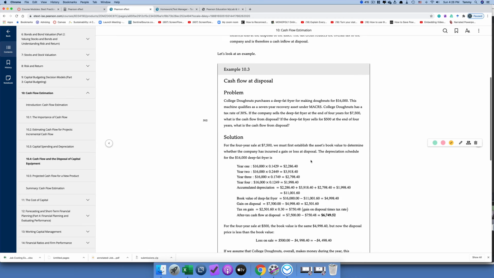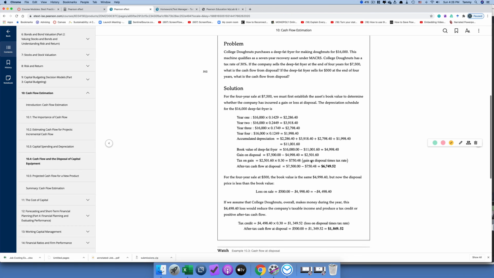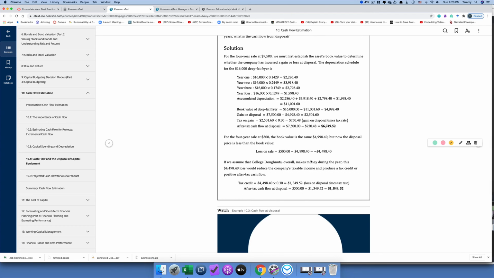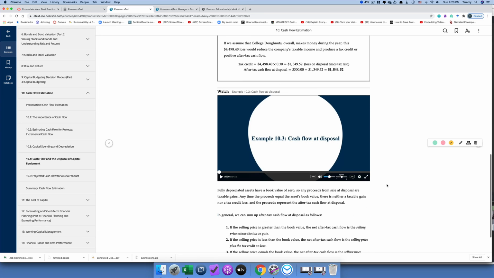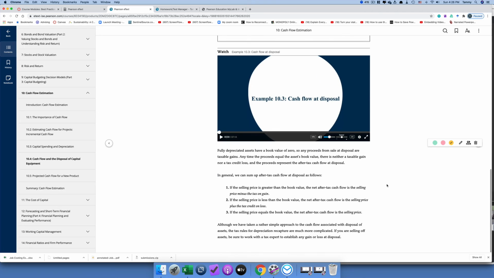And so this goes through an example of how to calculate out the loss on the sale and the book value and all that kind of stuff. We're not going to worry about that in this class. But we can sum it up by saying after-tax cash flow at the disposal of an asset.